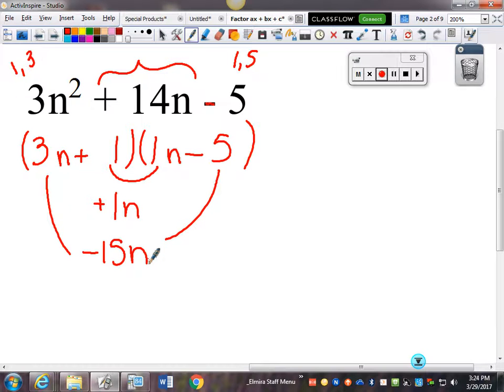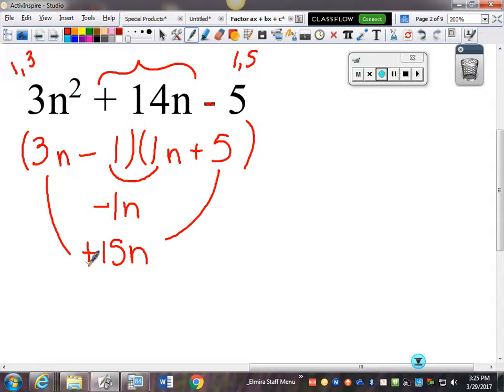Oh no. We still combine those together and don't get plus 14. We do get minus 14, which tells me the only thing I have to do differently is switch these signs. And then I would get a minus 1n for the middle two terms and a plus 15n for the outer two terms.